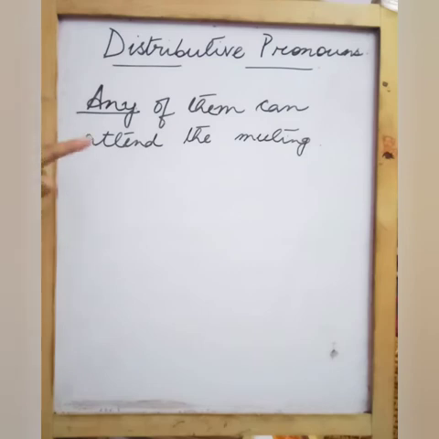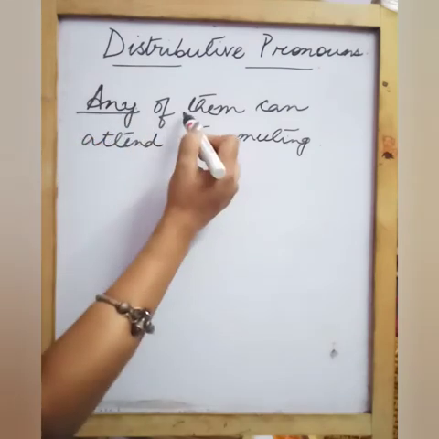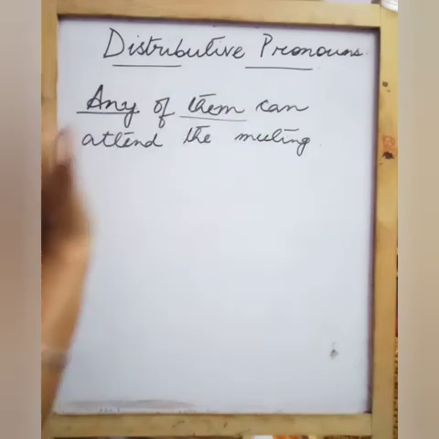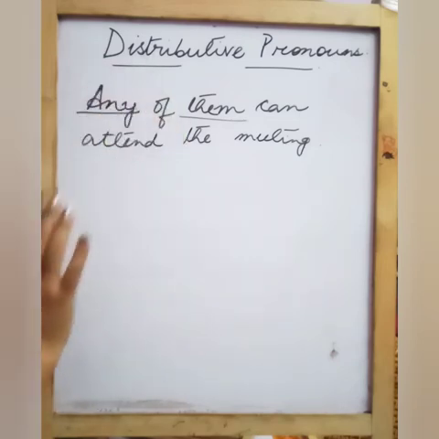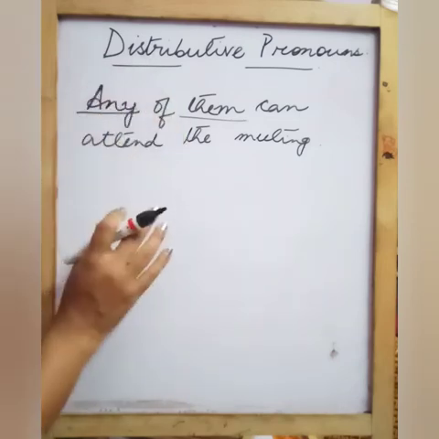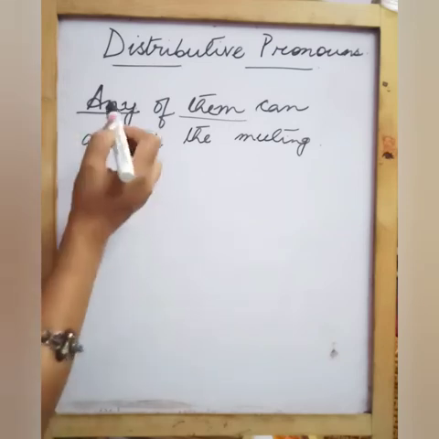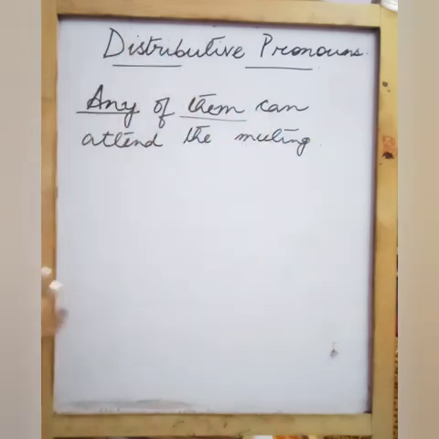It means that there are many persons in that group, so we are saying any of them. We are not saying each. It is not compulsory for all of them to attend. When we said each of the girls drew a picture, it means all of them drew a picture. But when we say any of them, it means that any one of them can attend the meeting.